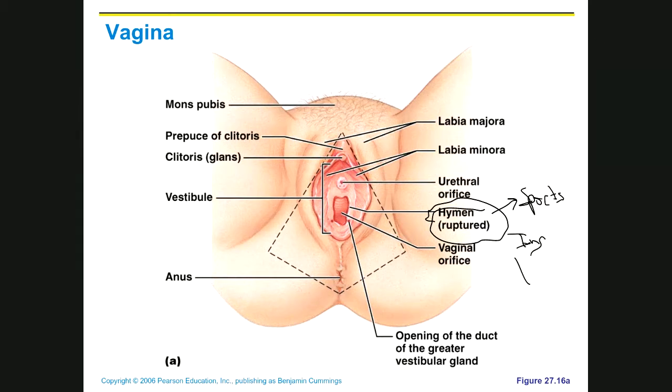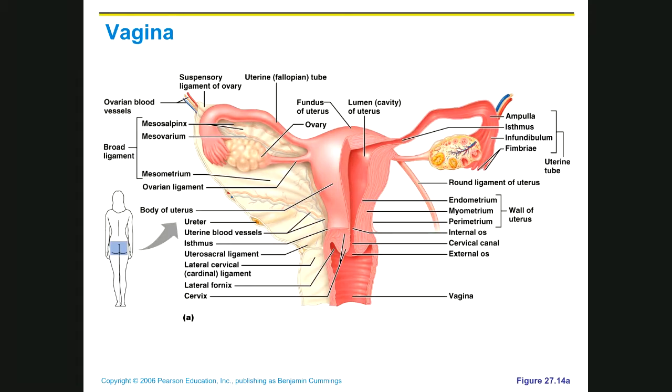All of those things would cause this to rupture. Now, if it doesn't rupture naturally, then it's ruptured during the first copulation. So that's back here somewhere.